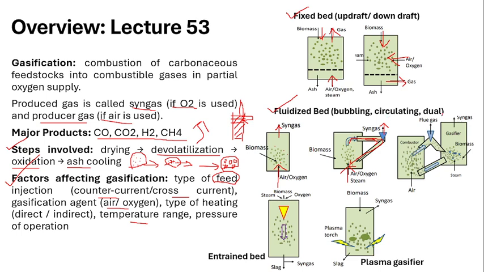So now in this dual fluidized bed, we have a combustor separately and we have a gasifier here. So with the presence of air, the combustion of the biomass happens, okay, and all the completely converted gases are passing here, and then it is coming to the gasifier. So this gas is also used along with the steam for heating of our biomass.